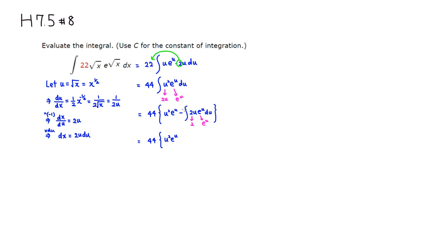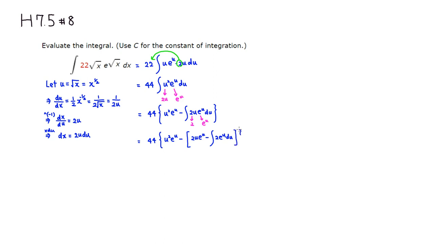Don't forget the negative sign. Multiply diagonally, so you have 2u e to the u, minus integral, and multiply horizontally, so you have a 2 e to the u du.